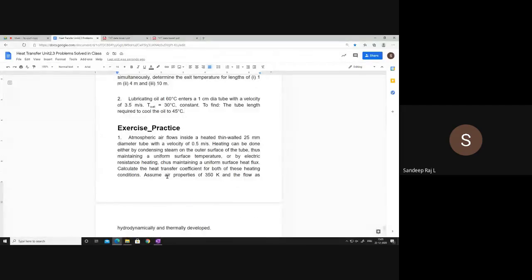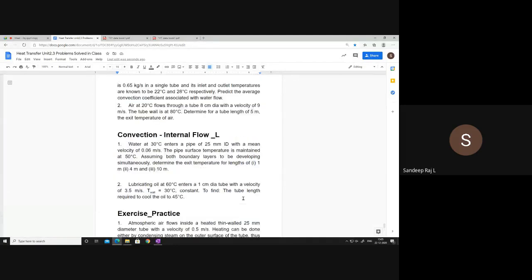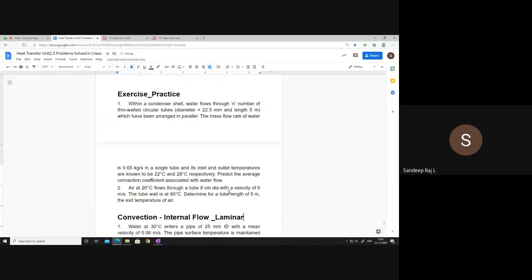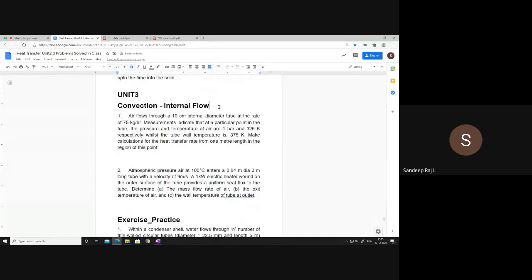So this is an exercise or practice question, and that is in the laminar case. So do it for yourself. Thermal flow. This is a turbulent one.